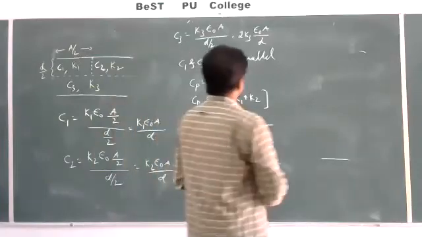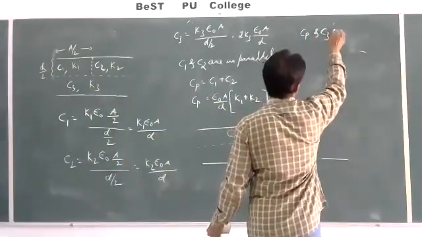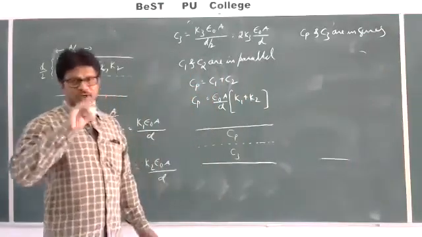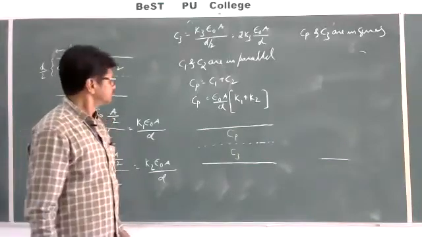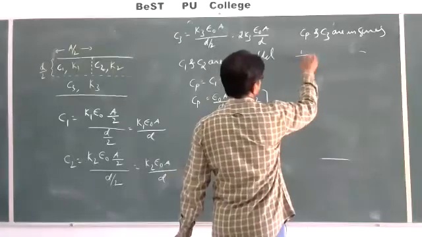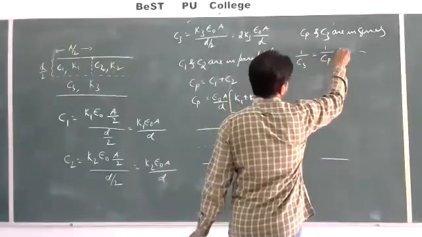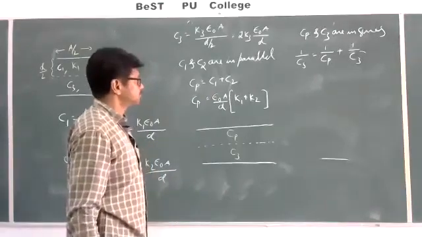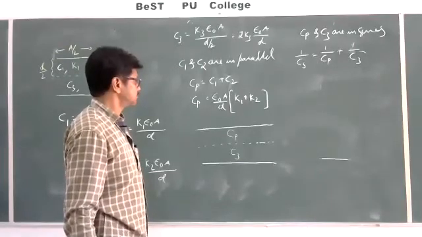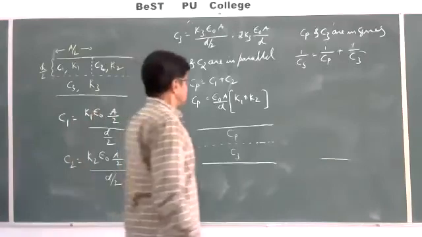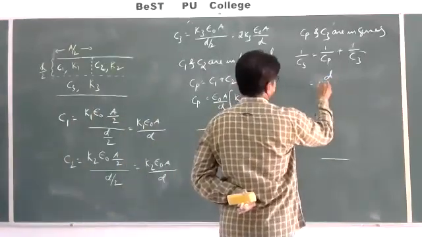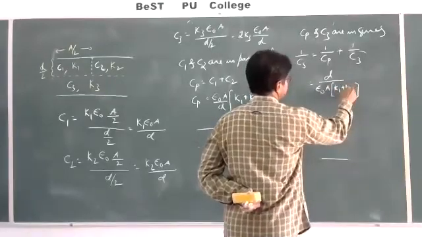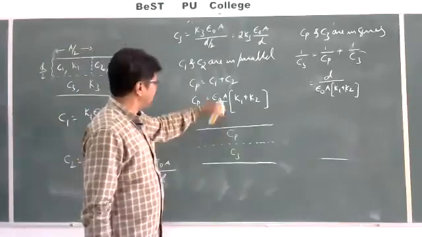So next step, Cp and C3 are in series. Now what will be the effective capacitance? 1 by Cs is equal to 1 by Cp plus 1 by C3. 1 by Cp means D by epsilon naught A into K1 plus K2.